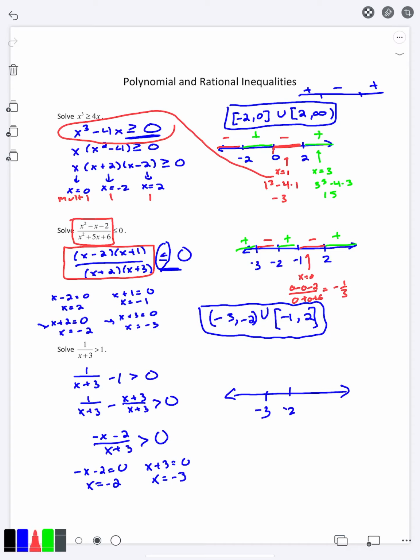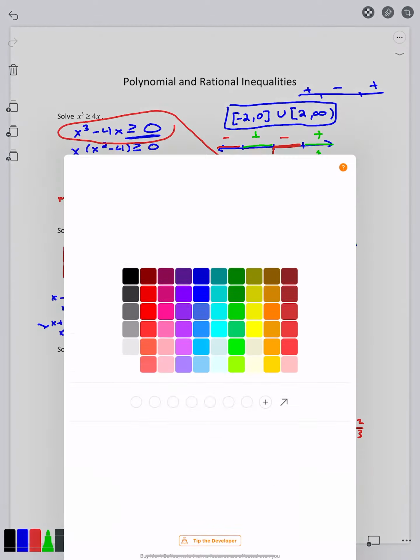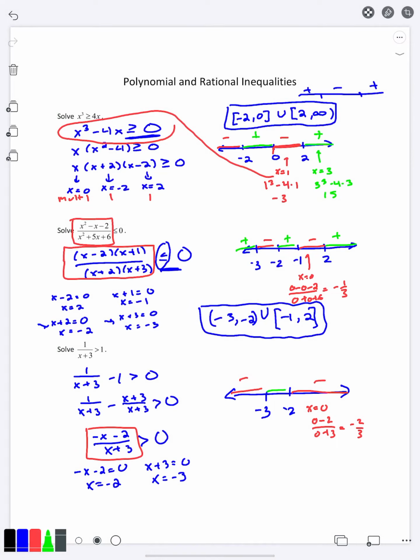I'm going to go ahead and try 0 right here. I'd have -2 over 3. It's a negative value, which means everything there is negative. Again, all my multiplicities are odd numbers, so it's going to alternate negative, positive, negative.